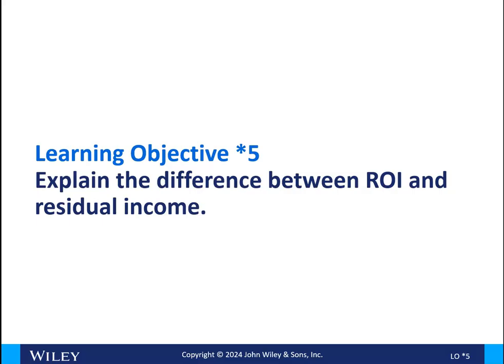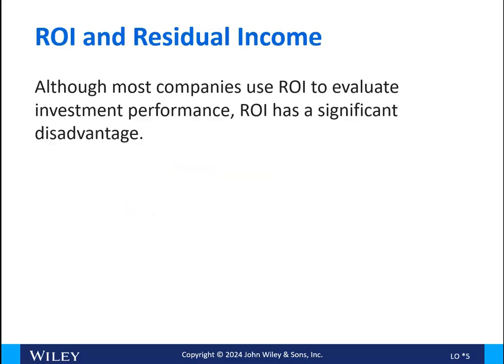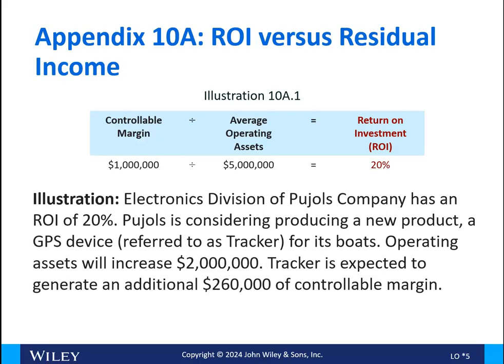Now finally, our fifth learning objective, explain the difference between ROI and residual income. So most companies use ROI to evaluate investment performance. There are some disadvantages in doing that. If we look at our calculation again, return on investment is controllable margin divided by average operating assets.